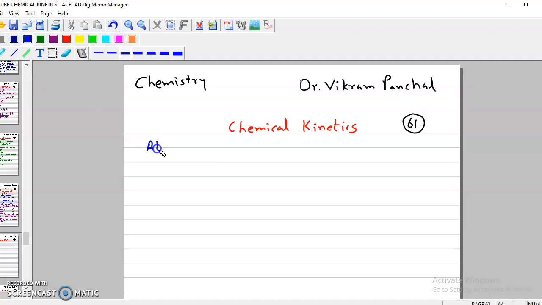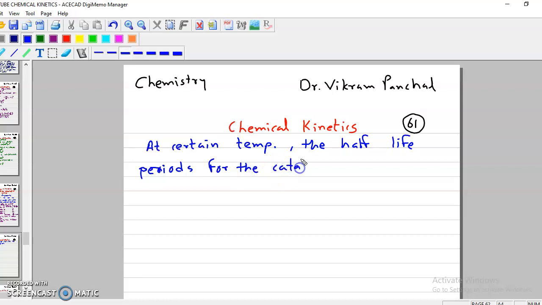Now next numerical, let us take this one. At a certain temperature, the half-life periods for the catalytic decomposition of ammonia were found to be as below.